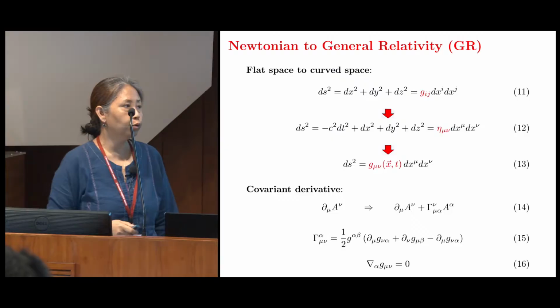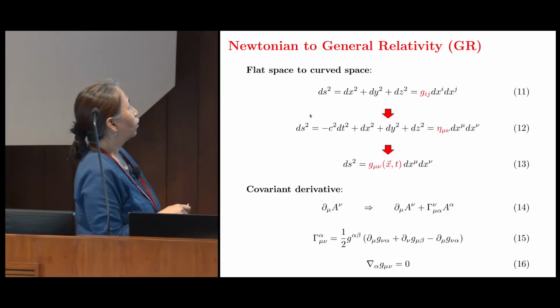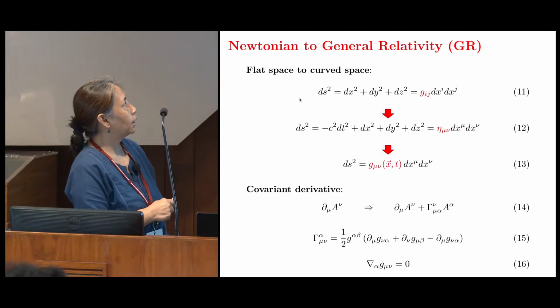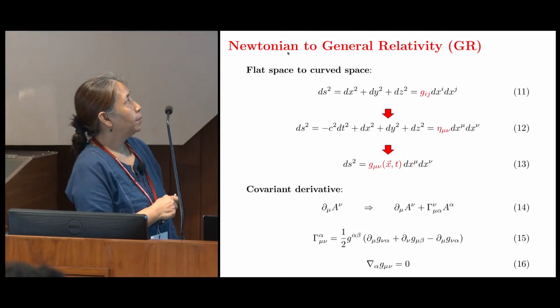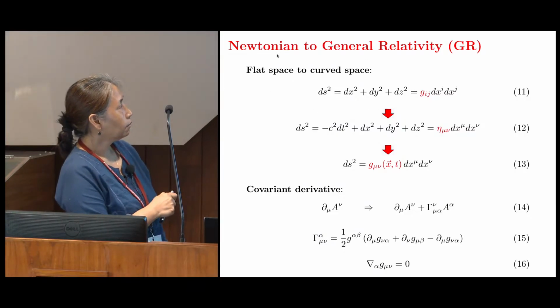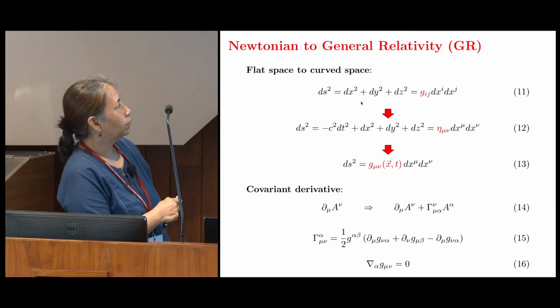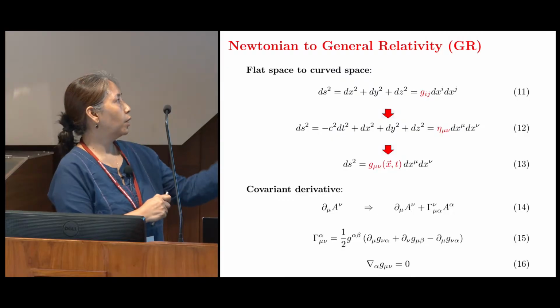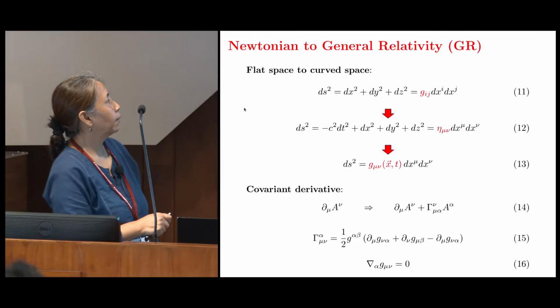So, to go to GR from Newtonian physics, you would have learnt in the last two lectures what we mean by distance on a flat space. On flat space we define distances as an invariant quantity under rotations in the 3-dimensional space.